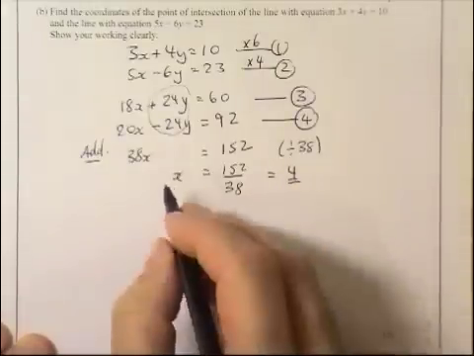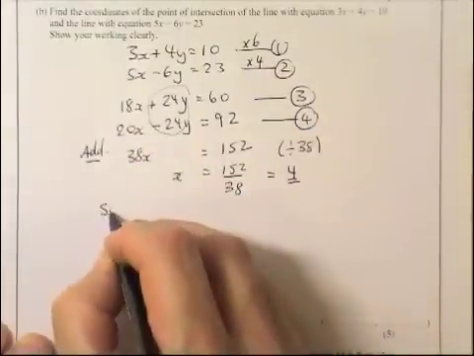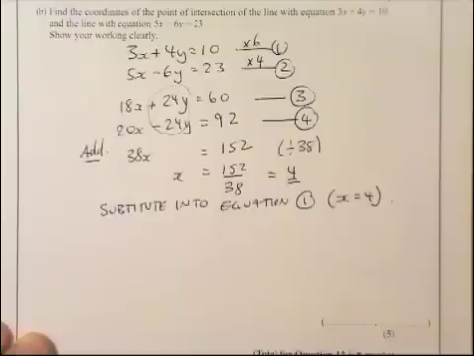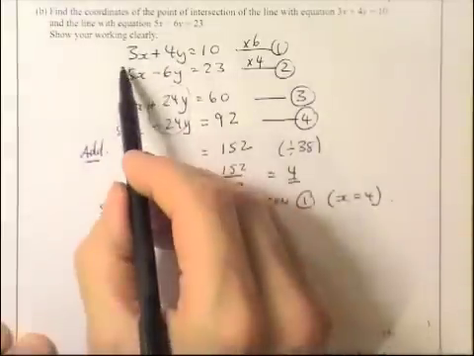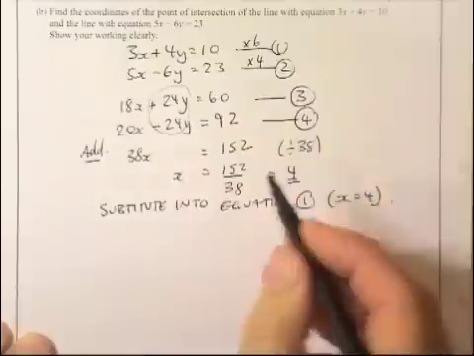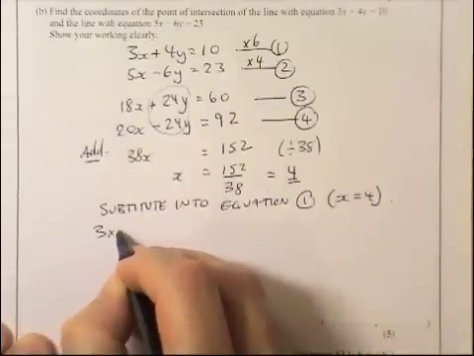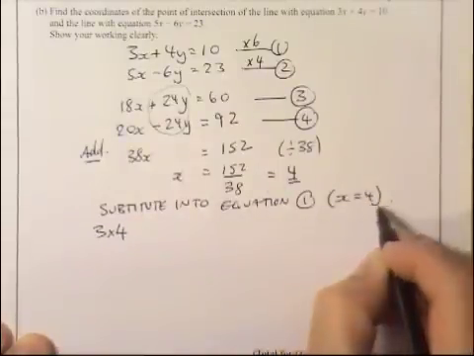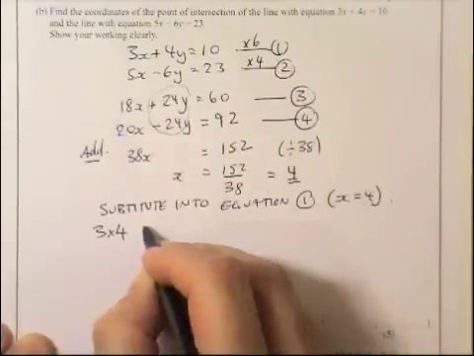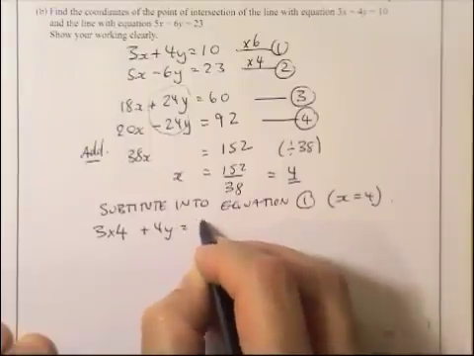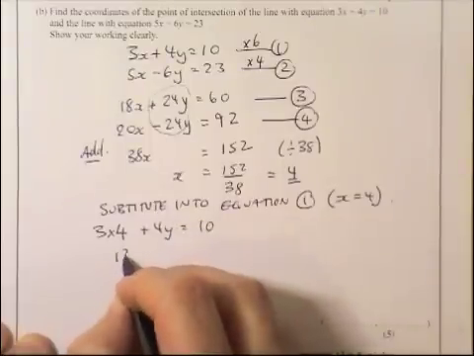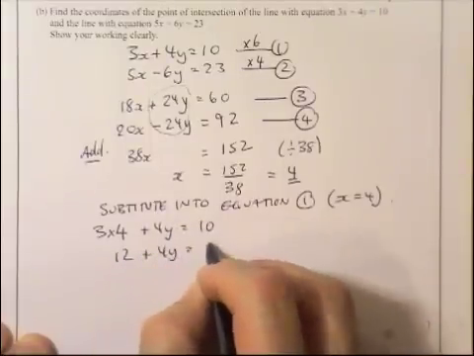Now we've got our value of x, we substitute it into equation 1. So instead of 3x plus 4y equals 10, we're going to have 3 times 4, because x is 4, plus 4y equals 10. That gives us 12 plus 4y equals 10.